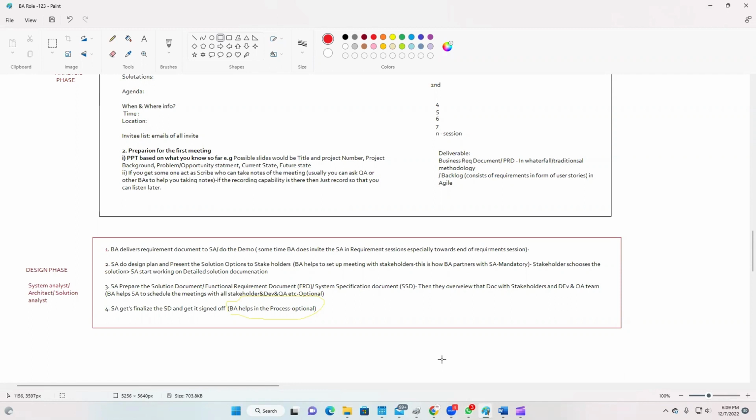And you're right, fine. The BA helps the SA schedule the meetings with the stakeholders. At the end, what I understood from what you were saying is that the BA schedules a meeting with all stakeholders, development and QAs, because then the next chapter is going to start. Okay, all right, that's good.